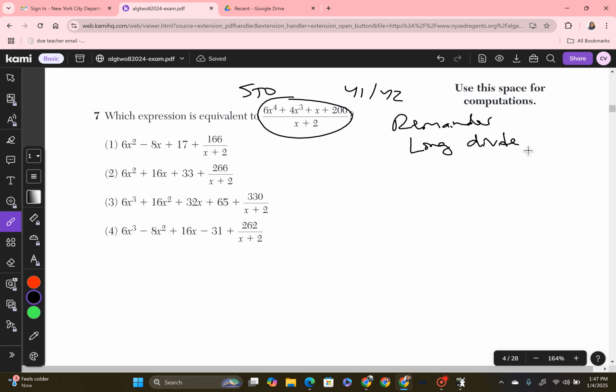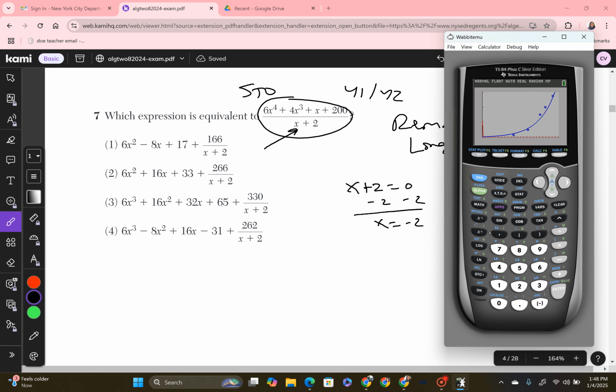Remainder theorem says you take the denominator, whatever you're dividing by, and set it equal to 0. So minus 2, and you get x is equal to negative 2. Cool. Now you go to your regular calculator and store in negative 2 for x.